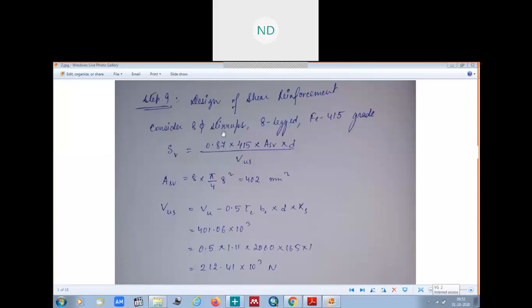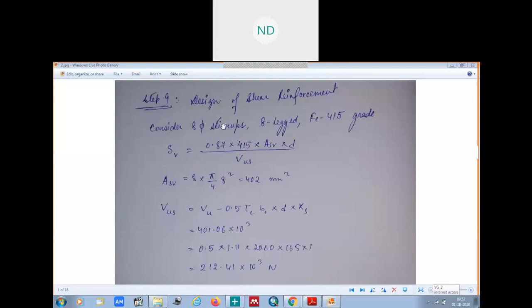Since we have considered 8 mm diameter stirrups, 8-legged, we'll see the spacing for shear. The spacing of the stirrups is given by the formula 0.87 fy into Asv into d by Vus. So what is your Asv?